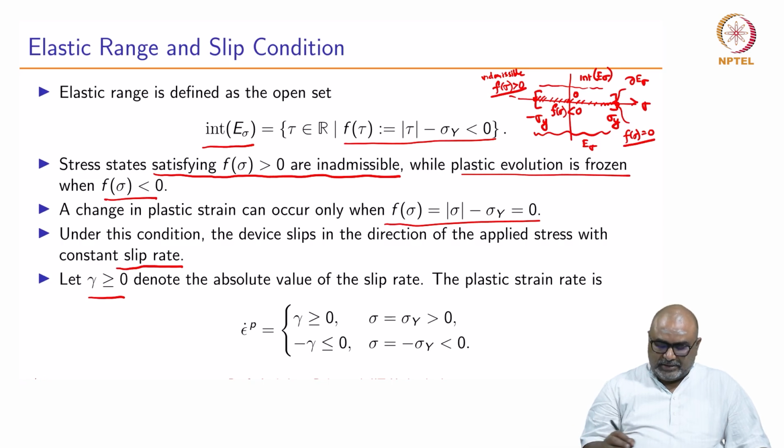Now, the plastic strain rate is denoted as epsilon dot p, equal to the slip rate gamma, which is greater than or equal to 0, when the stress is equal to sigma y, that is, sigma equal to sigma y greater than 0, and minus of that slip rate when sigma is equal to minus sigma y and is less than 0.